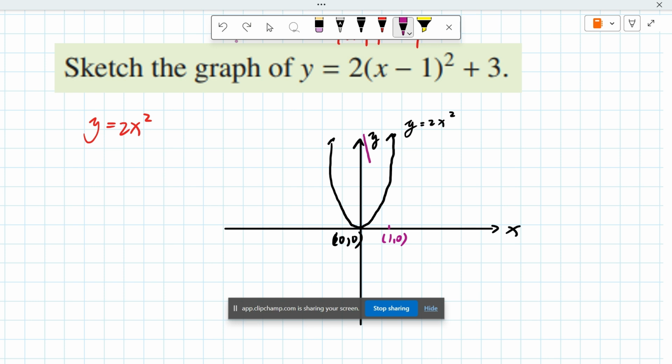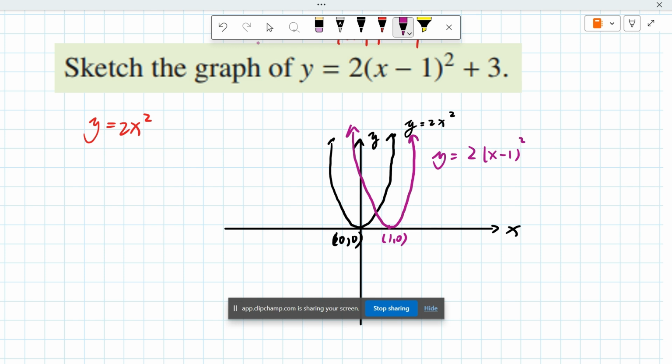Like that. There you go. So now it's y equal to 2 times x minus 1, all squared.